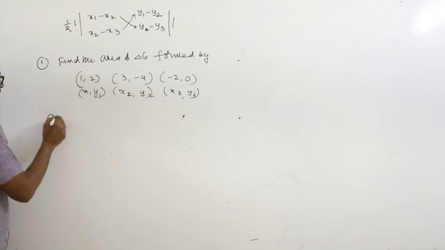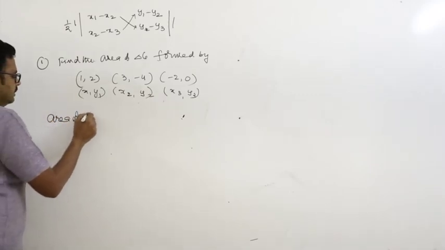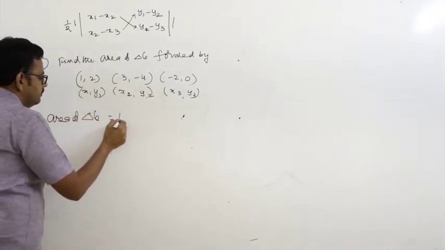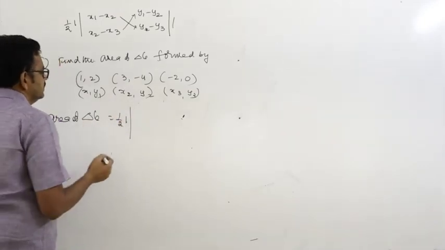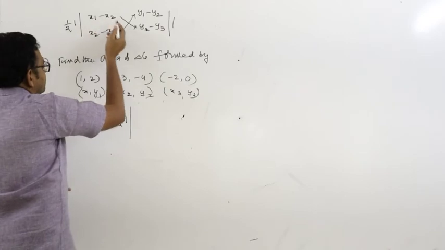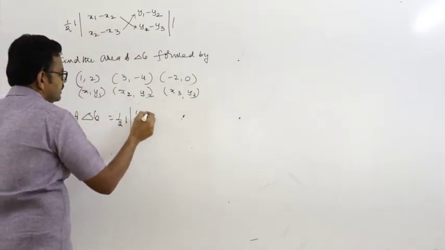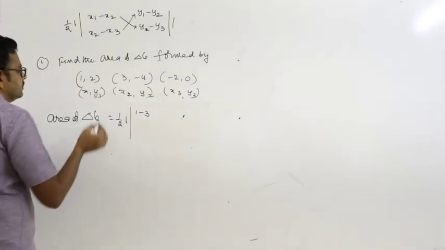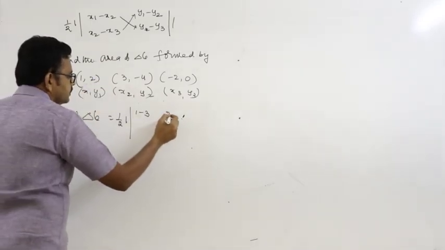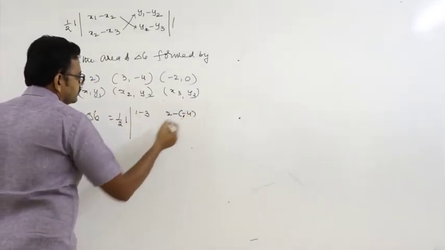Area of triangle is mod of determinant. What is the formula? x1 minus x2, 1 minus 3. Next to y1 minus y2, y1 is 2, minus of minus 4.